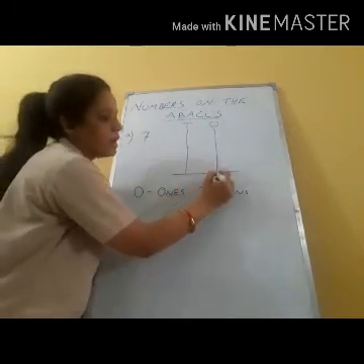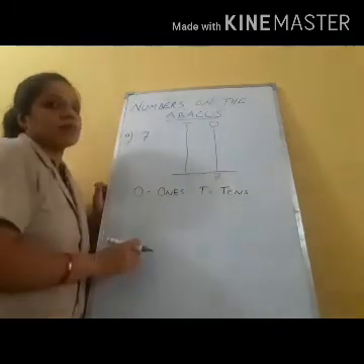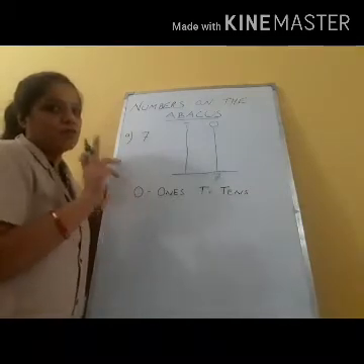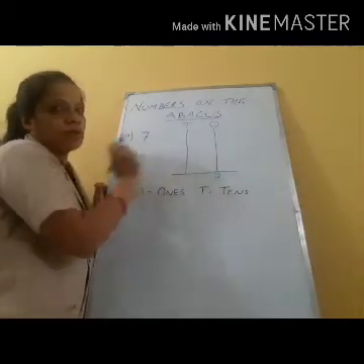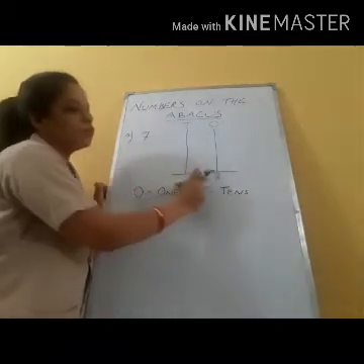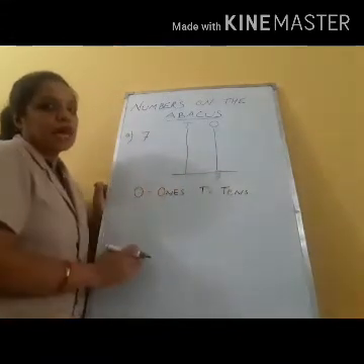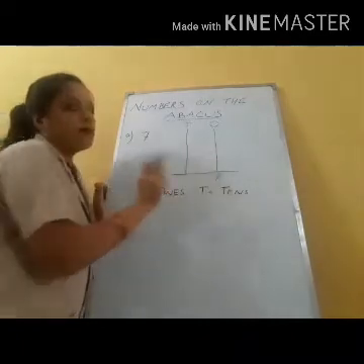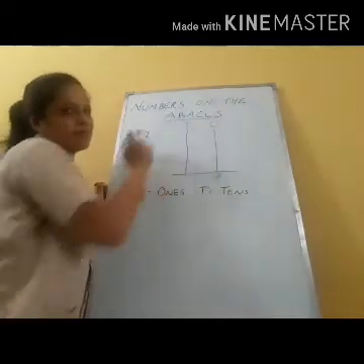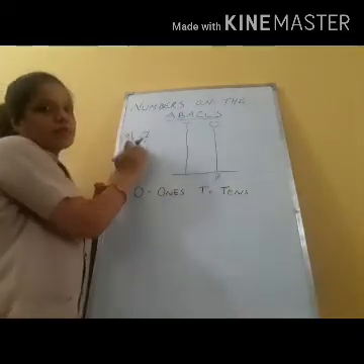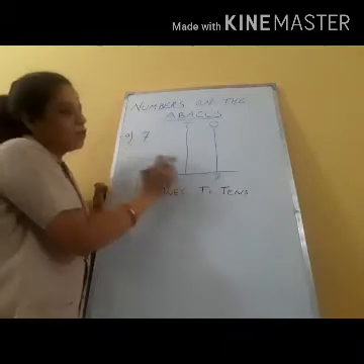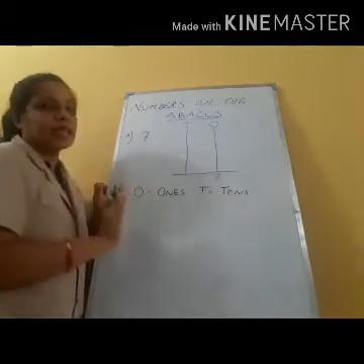Any one digit number, 0, 1, 2, up to 9, you write on the ones place. Since it is a one digit number, you will not write anything on the tens place.